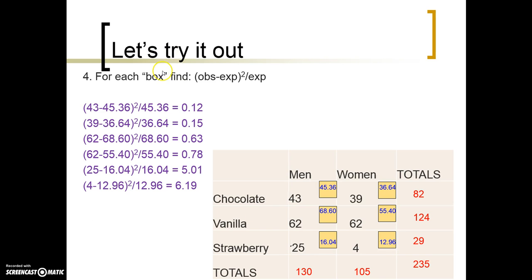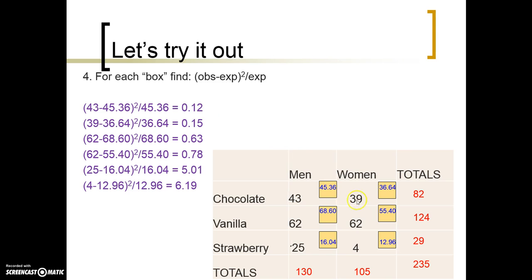Then, step 4, for each cell, I'm going to find the observed minus expected squared divided by expected. So this first one right here, 43 minus 45.36 squared, and then divided by 43.36, and I get 0.12.